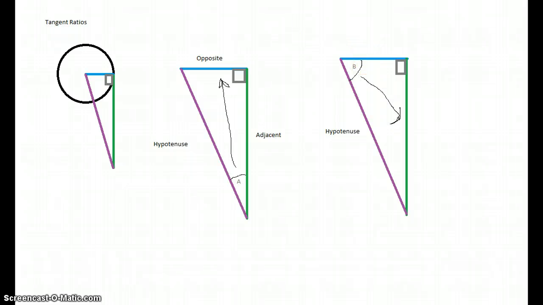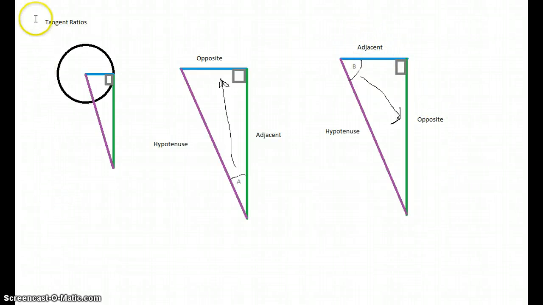That's going to end up changing. Before, the opposite side was the blue side, but now, if I go straight across from this angle, I hit the green side. So I'm going to call that side opposite. And of course, the third side will always be called adjacent, the one that's left over. So start by labeling your hypotenuse, then figuring out the opposite side, and then the last piece will be your adjacent piece.